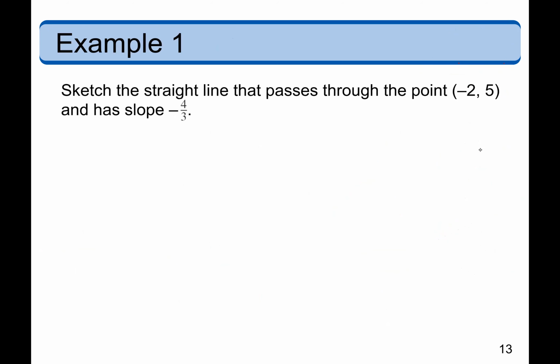Now, let's sketch the straight line that passes through the point -2 and 5, has a slope -4/3. Okay, so now we just simply sketch using the given point and also slope. So I'm going to show you how to do this really quickly. First of all, we're gonna nail down this given ordered pair.